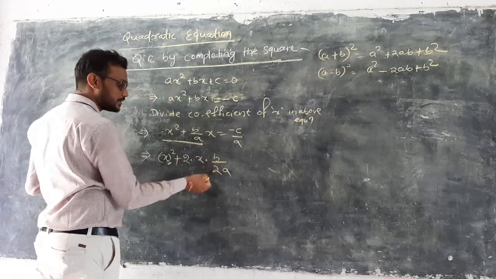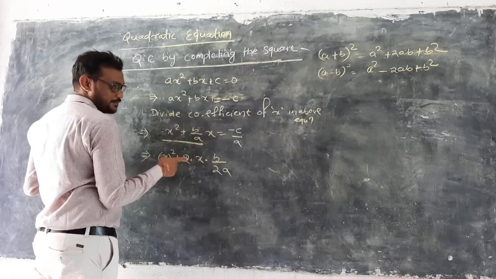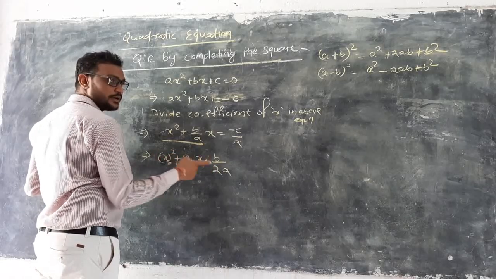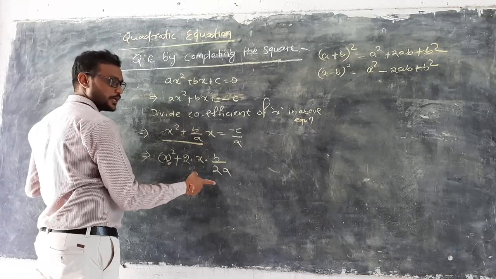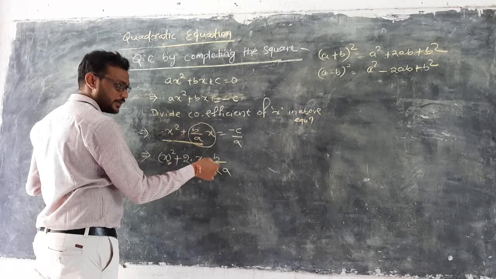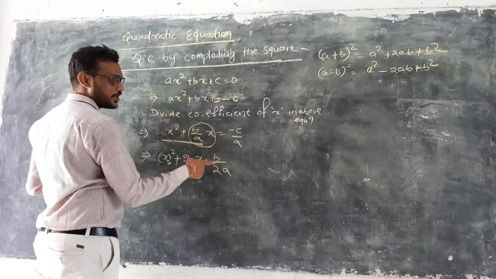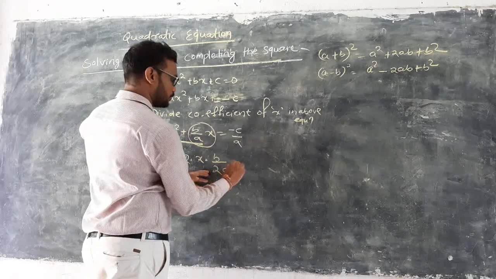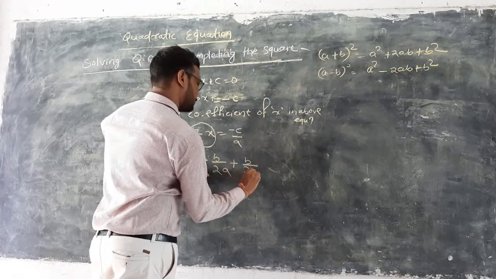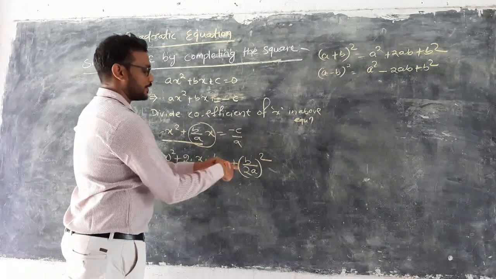If we cancel these two 2's, we will get the same term, b by a x. So here we get b by 2a whole square.